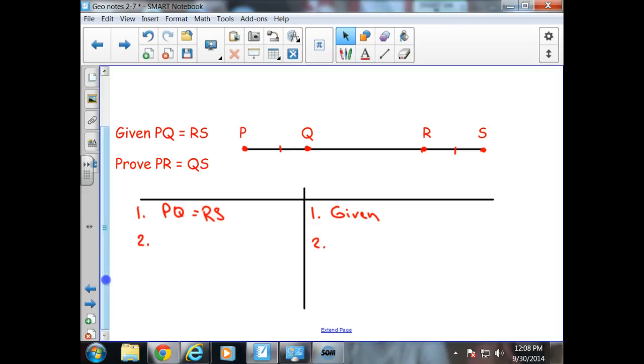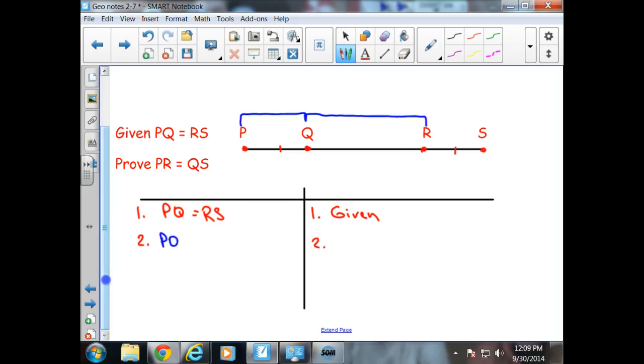All right, step 2. We are going to add a few things together here. We're going to take PQ and add QR to it. So we have PQ plus QR, which is going to equal QR plus RS.